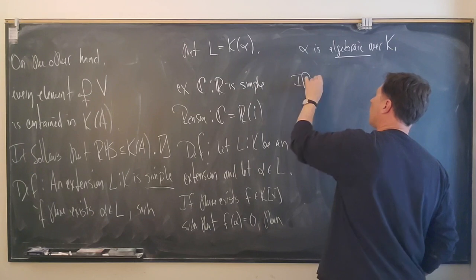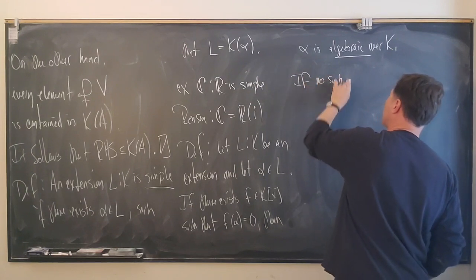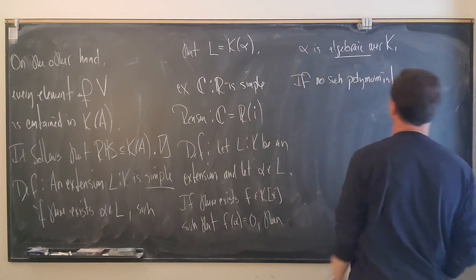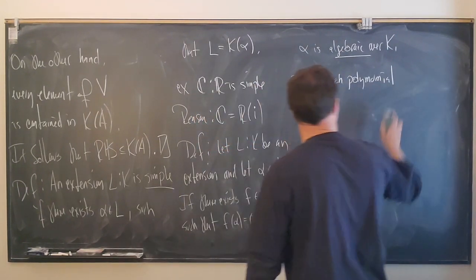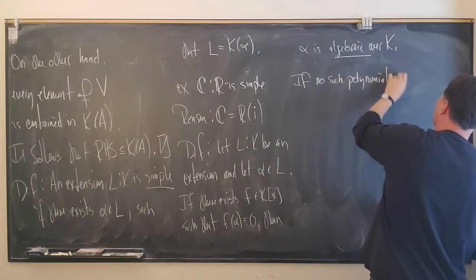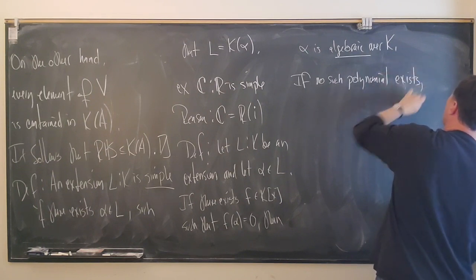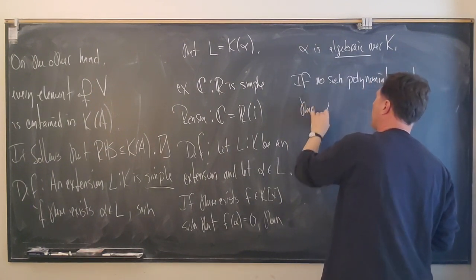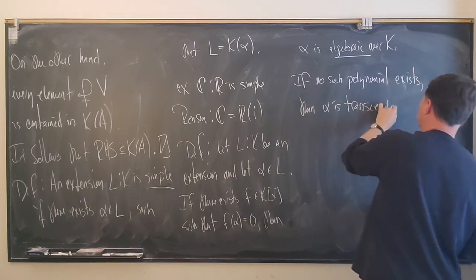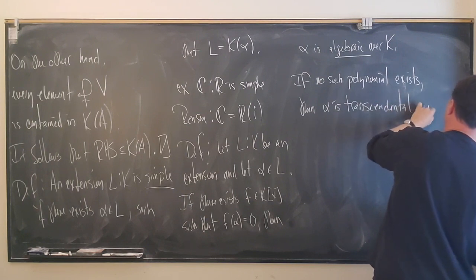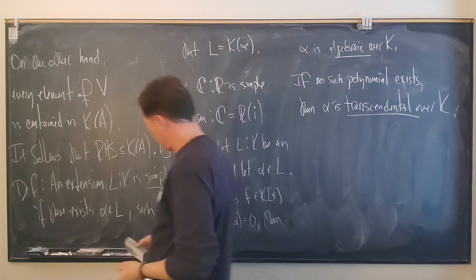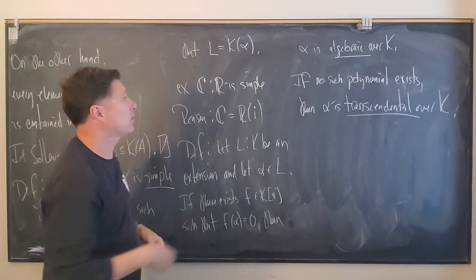So if no such polynomial exists, then alpha is transcendental over K. And the over K, I didn't underline the over K, but that part is important.